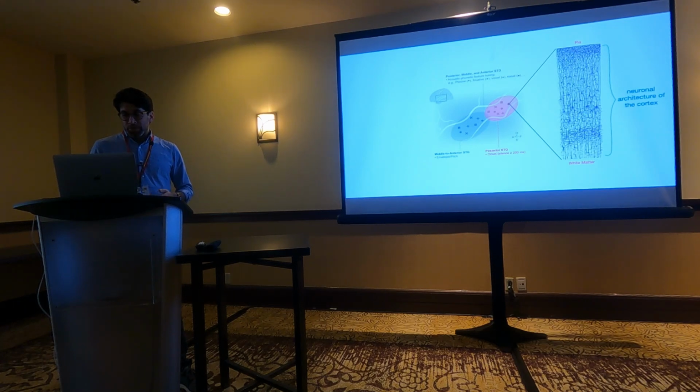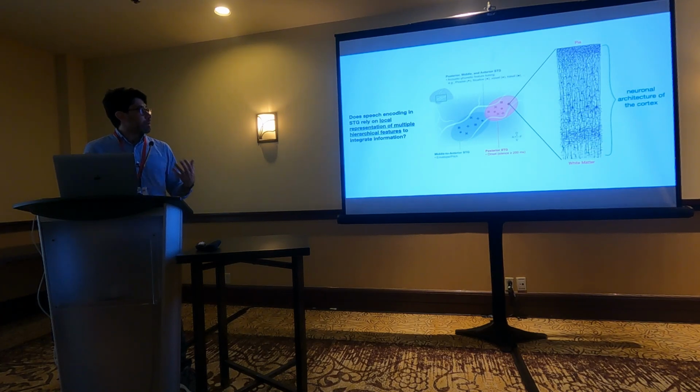The question we're interested in is, to what extent does speech encoding in STG rely on or utilize this architecture for local representation of maybe multiple different types of features? Or is it really the case that each of these electrodes can be totally summarized by these different types here, and that they're truly distributed in nature?